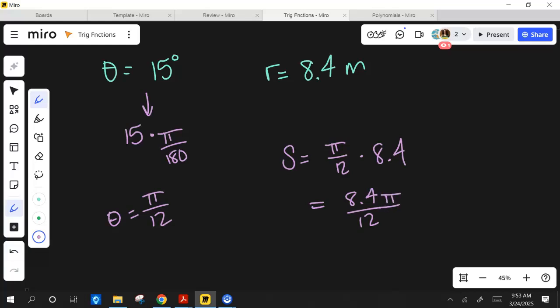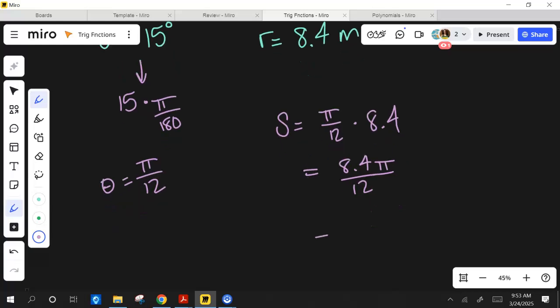84 over 120. And then you can divide them both by 2. They did it on their calculator. You can do it on your calculator, but they asked how it turns into that.